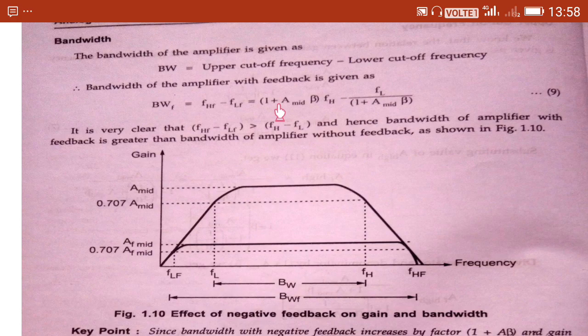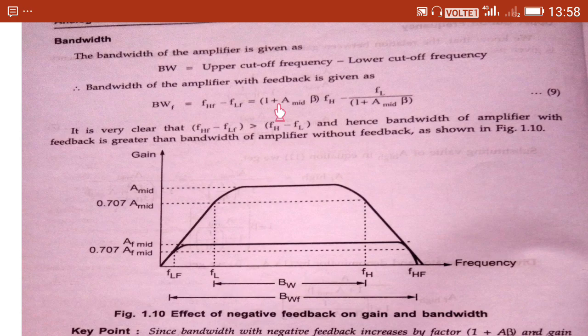Okay, but where from these expressions have come? We have to derive these expressions now, because this derivation is a very important derivation. This is usually asked in examination, so we have to consider this derivation in detail.